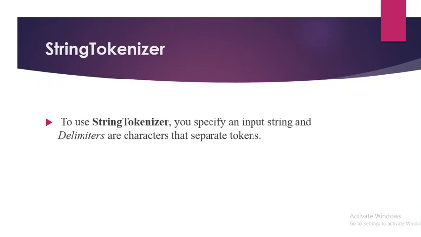From these strings we want to separate out tokens, and to separate out these tokens we will specify which delimiter, or which characters or group of characters, we want to use as a separator, as a delimiter within this string.